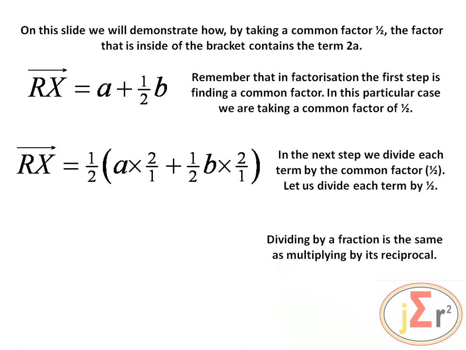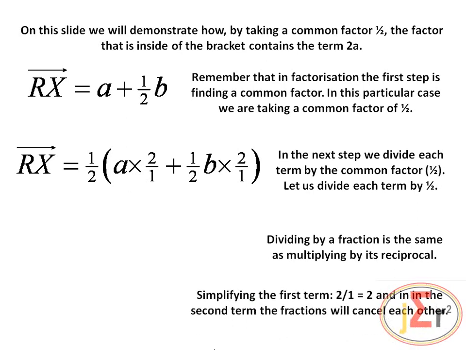Here we have 2A and the 2's will cancel there. So simplifying the first term, 2 over 1 is equal to 2. And in the second term, the fractions will cancel each other, and we have B. So there we have proven that if we take a common factor of a half, then inside of the brackets we will have 2A plus B.